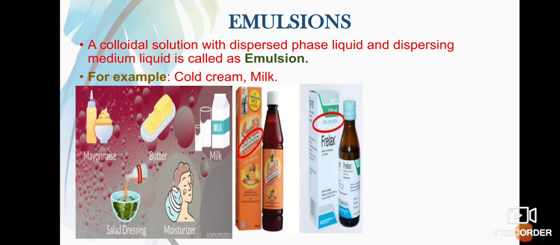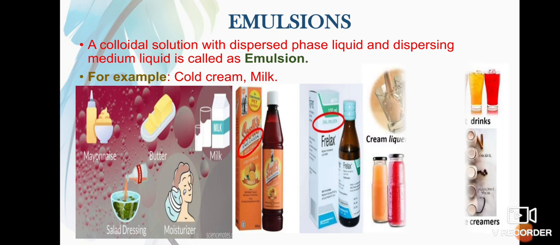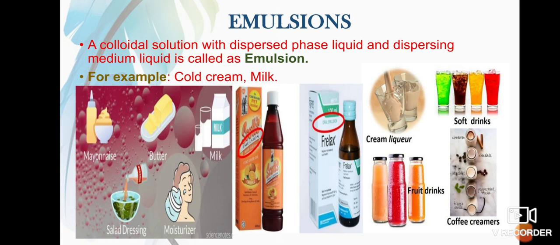If you look into the picture very keenly, you can see that emulsion term. Okay, then cream liqueur, soft drinks, fruit drinks, coffee creamers, these are all called emulsions, which are in a liquid to liquid form only.